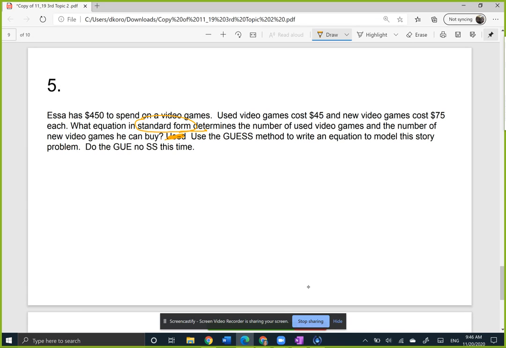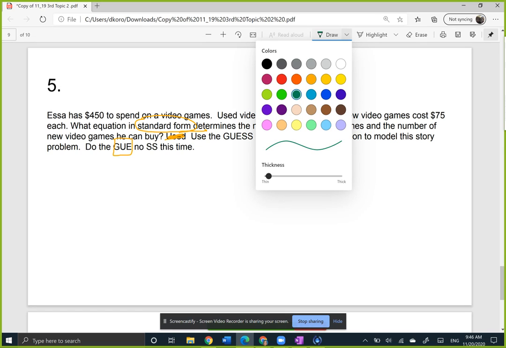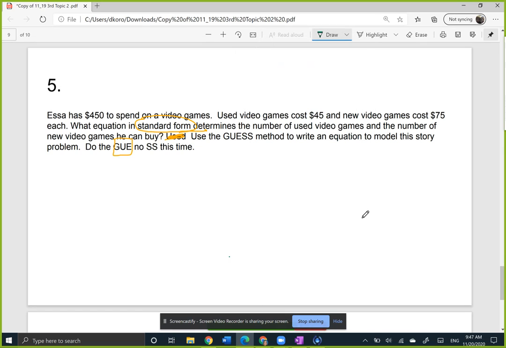All you got to do is the G, U, and the E because we're going to have 2 variables and we don't know how to solve it yet. That's coming once we come back from Thanksgiving. It's going to be soon after that we're going to learn how to do this. So let's see. So my first is my given. So I know that Issa has $450 to spend on video games.